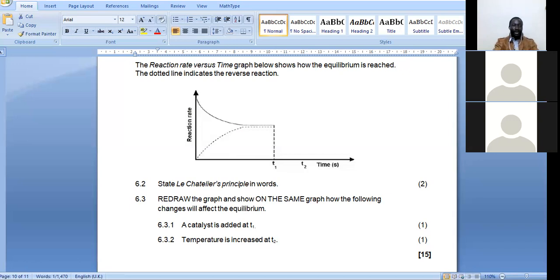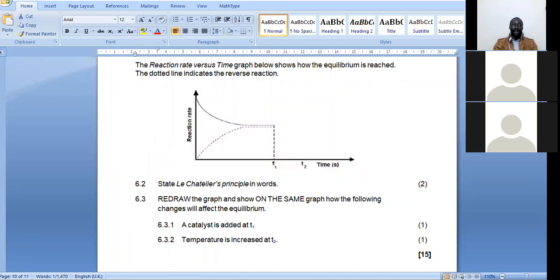Is anyone having a question? If there is no question, then we are moving to 2.6.2, which is about Le Chatelier's principle, not the equilibrium constant. It was already given. We had already seen it.